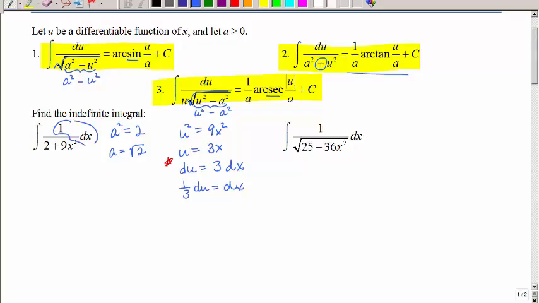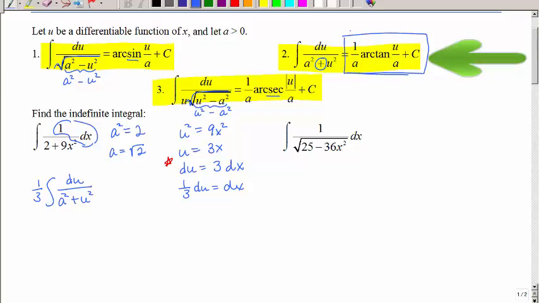So when you're making that substitution, this part right here is 1/3 du. Now you have a squared plus u squared, and that'll integrate into this. So we would have 1/3 times 1 over a. What was your a?